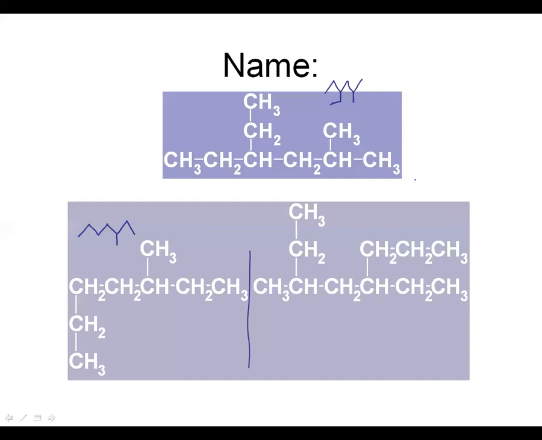Okay, let's take a look and see. So starting here at the top one, I think 1, 2, 3, 4, 5, 6. We could also go 1, 2, 3, 4, 5, 6.